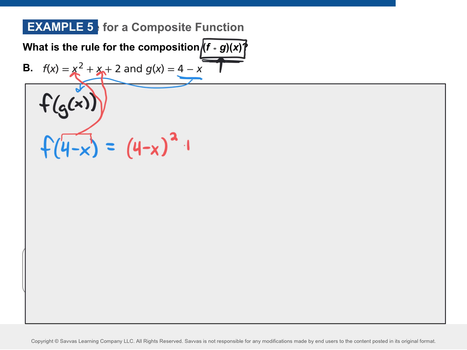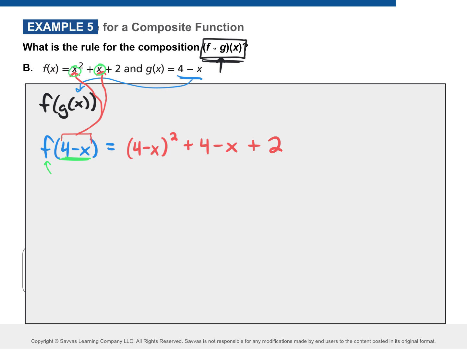Then plus, what do I put next? 4 minus x. And then I still have plus 2. So again, to rephrase this, I was plugging in 4 minus x into my f function because f is here. Wherever there was an x, I replaced that x with what we're plugging in. So now it's just a matter of simplifying.